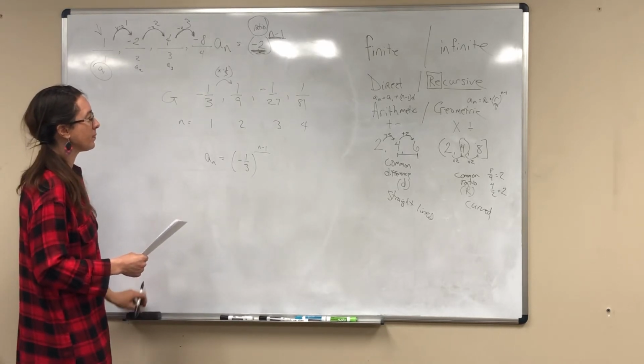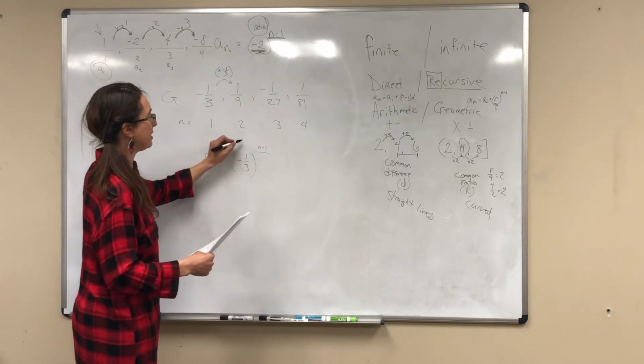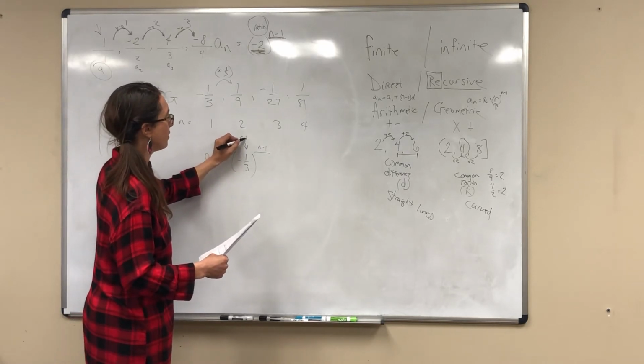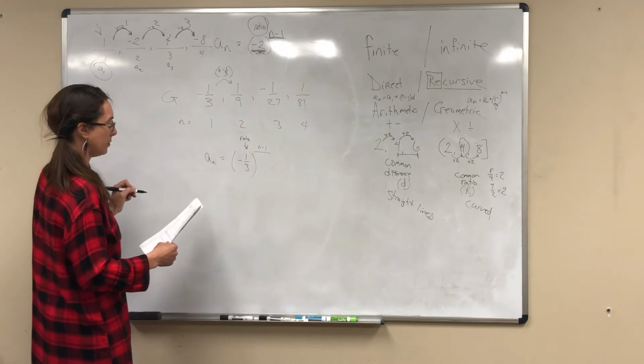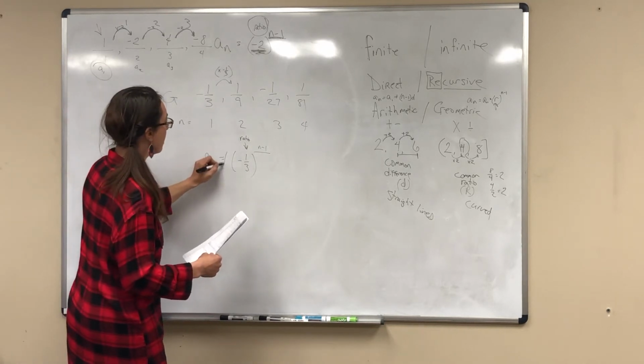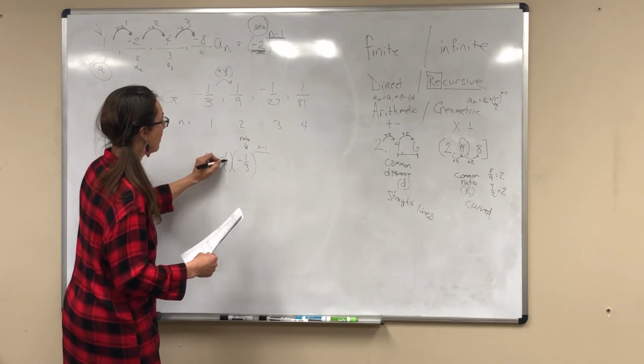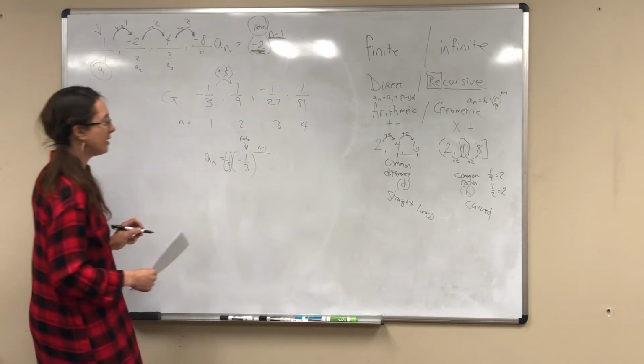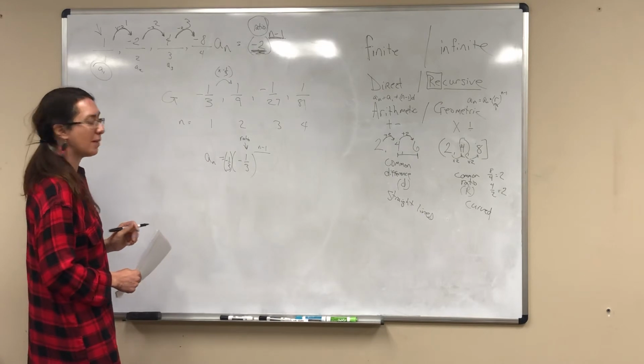Where's the ratio? This is your ratio. Is it also your A1? What did we start with? On this one, our A1 needs to be put in as negative 1/3. So now we have it twice.